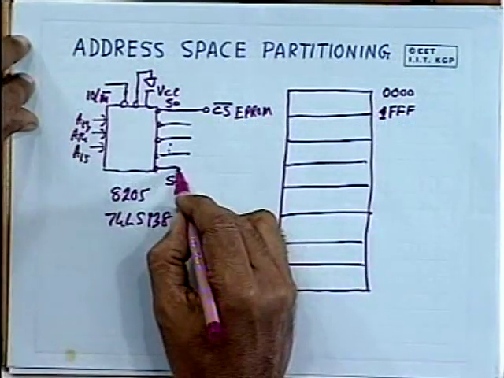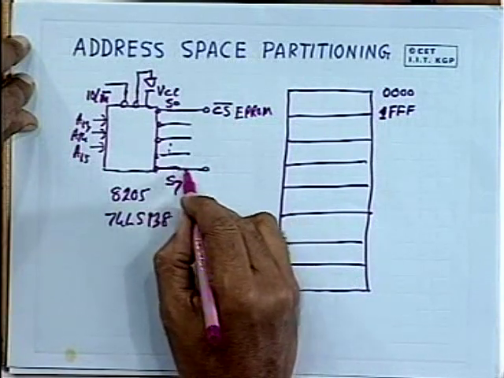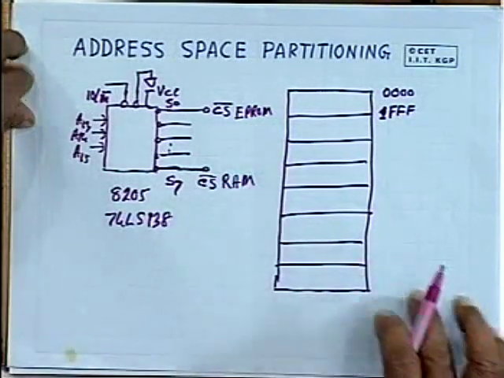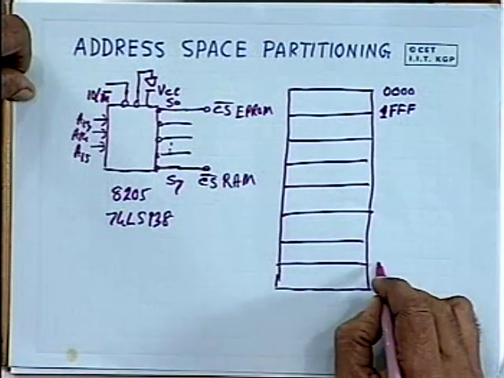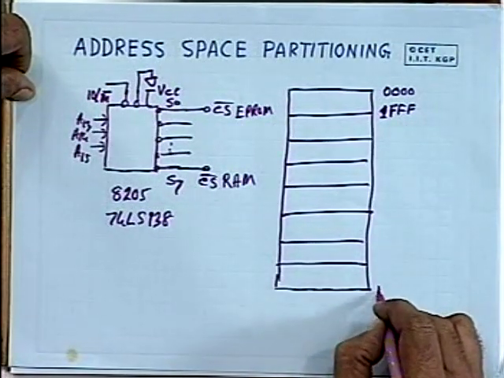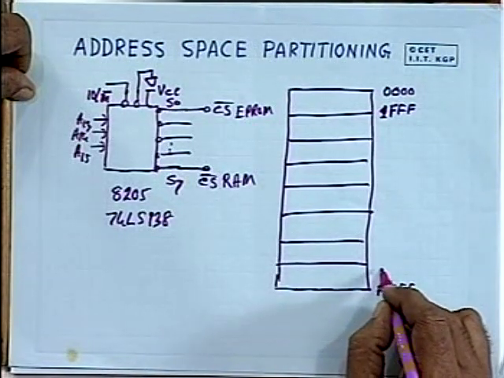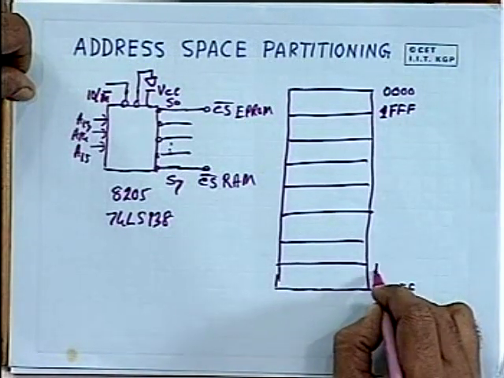And if we use the last line as the chip select of RAM, then the corresponding address will be from E000 to FFFF, the last address.